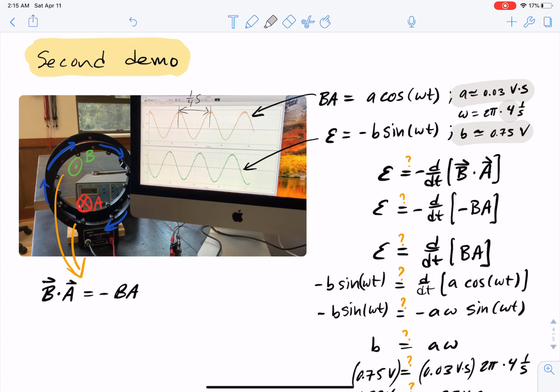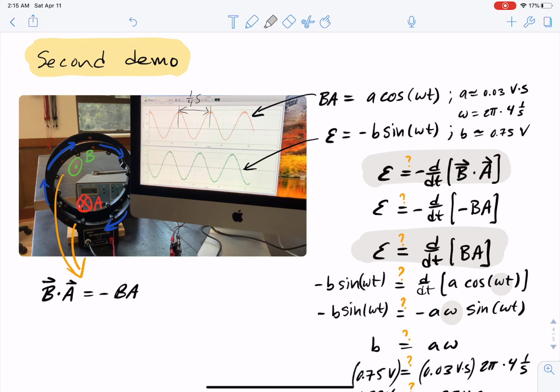All right, so then this is the same configuration, so we still have this, that the dot product is negative the product of the magnitudes. All right, and then we want to verify Faraday's law, so calculate both sides. We end up with this, as we did before. That's just because of the orientation of the field in the area. We take the derivative of the cosine, it gives us a minus sign. We pick up an omega here from the chain rule. We take the derivative of the cosine, gives you minus sine, then you take the derivative of what's inside.